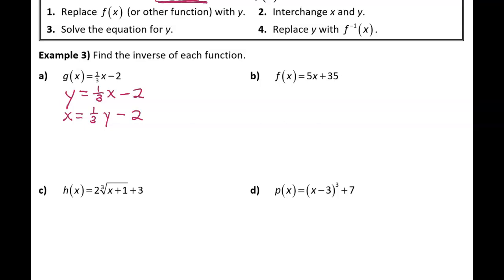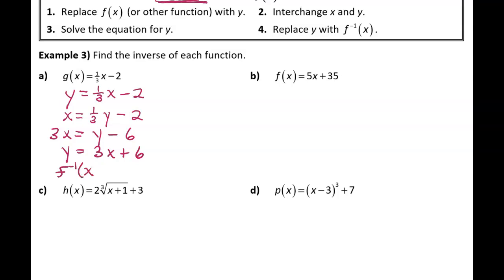Now we're going to solve this equation for y. We can do that by, let's clear fractions first. 3x equals y minus 6. And then y is equal to 3x plus 6. And finally, last step, but it's still an important step, solving for y is not the end.